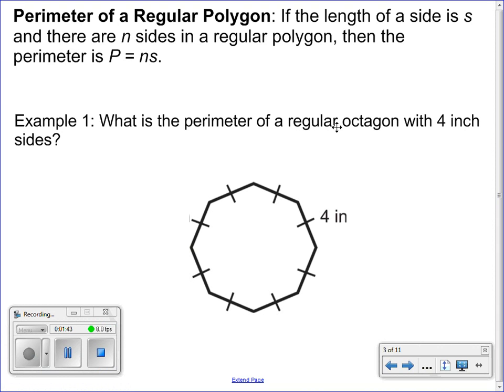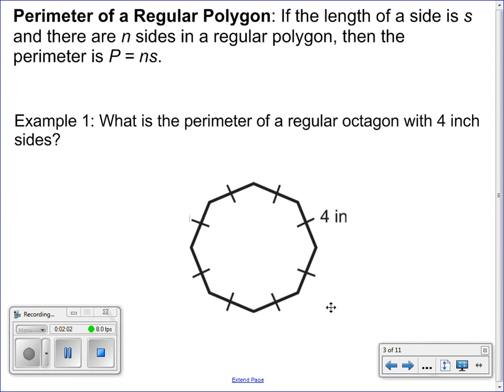All right, so example number 1 says, what is the perimeter of the regular octagon with 4-inch sides? One way you can look at this: if they say octagon, we know it has 8 sides, or you could just count how many sides are around the shape.